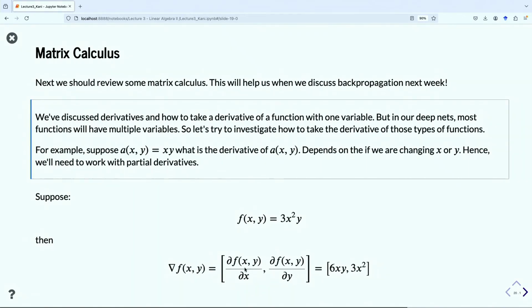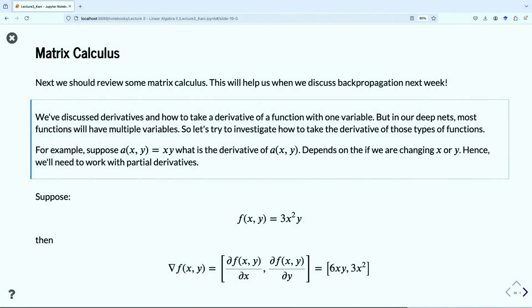So in this case, we have one row, one function, and we have two columns. We have two variables we need to take the derivative with respect to. Organizing it like thus, we get that the partial derivative of f of x is equal to 6xy comma 3x squared.